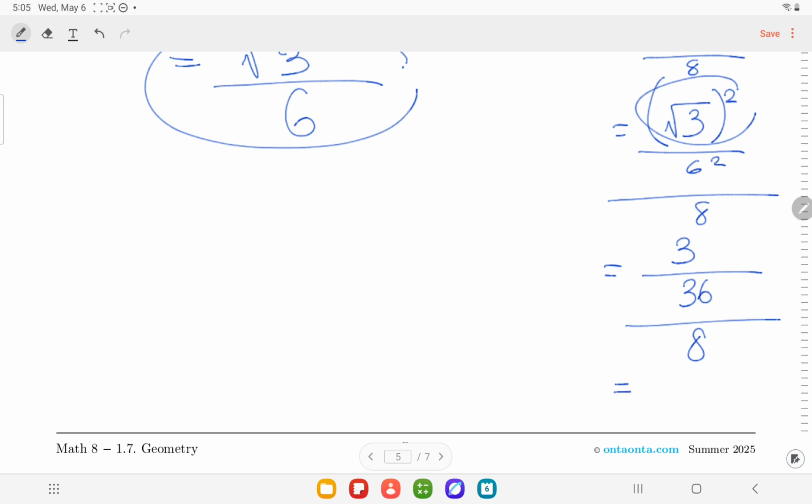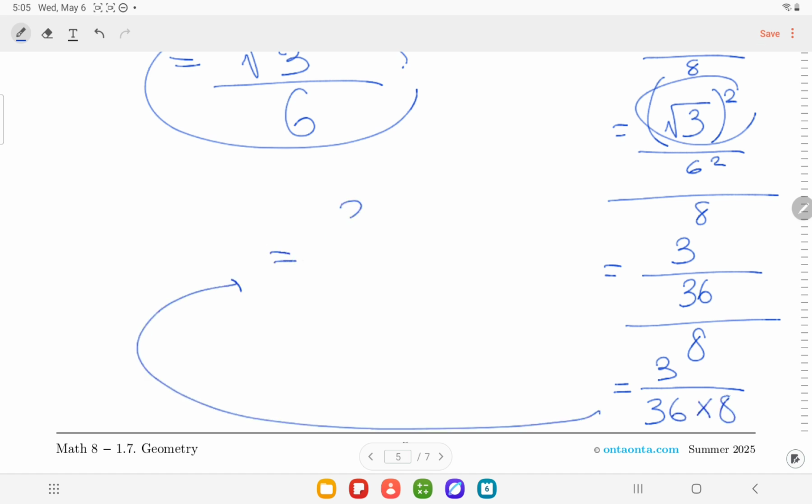And we can bring this 36 down into the denominator. And so we end up with 3 over 288. Never mind, we'll split the 36 first, because 36 is divisible by 3.